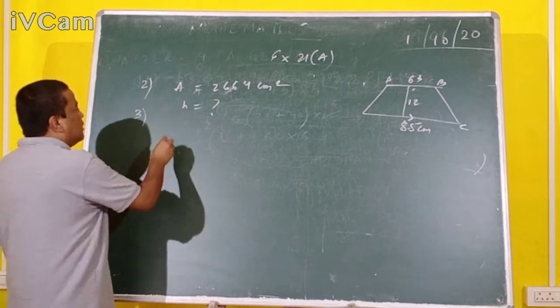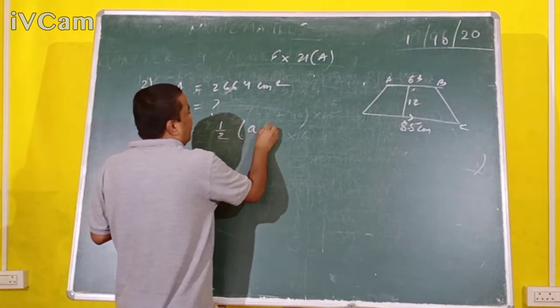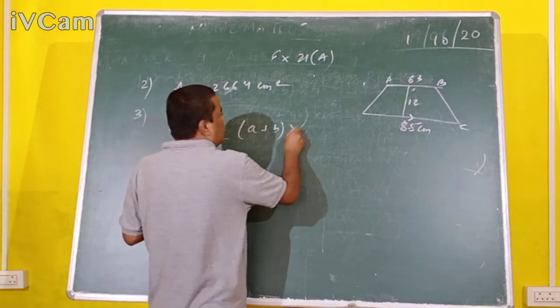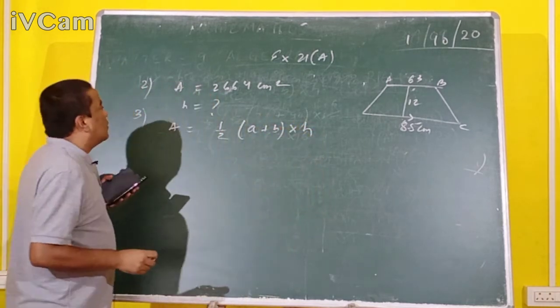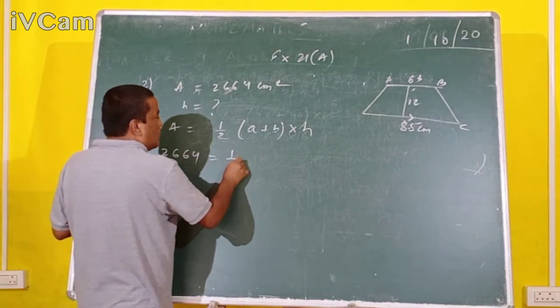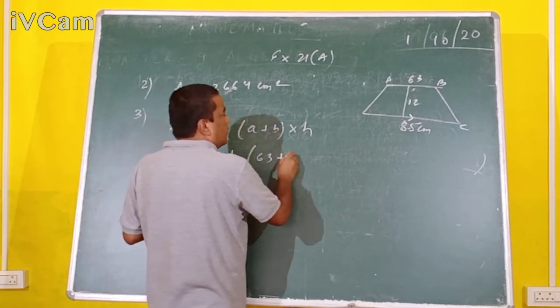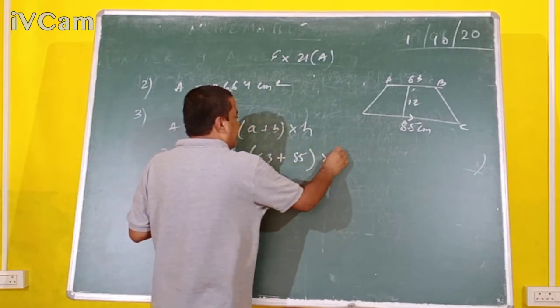Okay, so the formula remains the same. Area equals half into (A plus B) into height. Now this height is unknown. Now just put the values. Area 2664 equals half into (63 plus 85) into height.